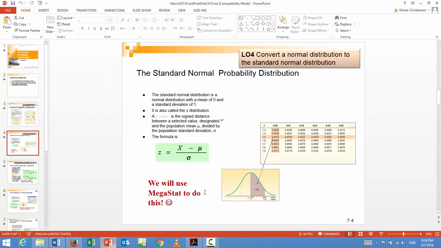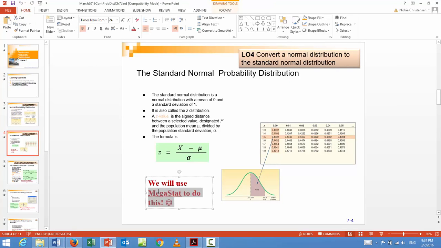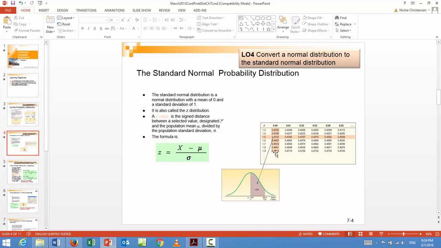Let's go back and look at the PowerPoint. Unfortunately we're not allowed to use Megastat anymore, so I'll just remove that right now. We've got to use what is called the z-table, and we're going to talk about that in the next video.